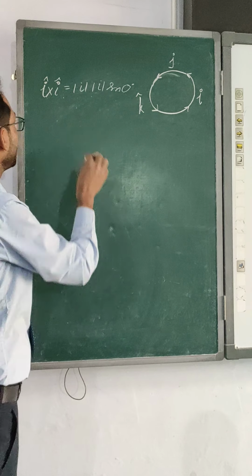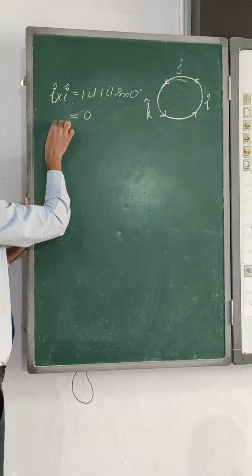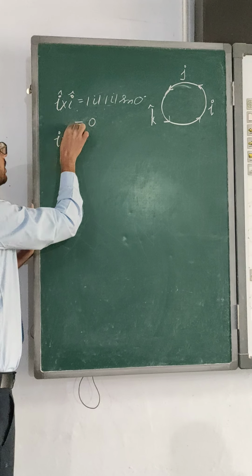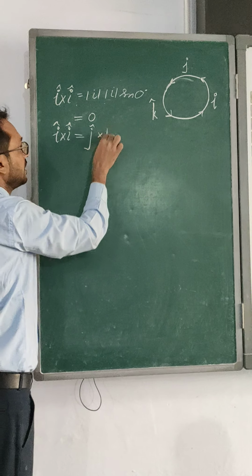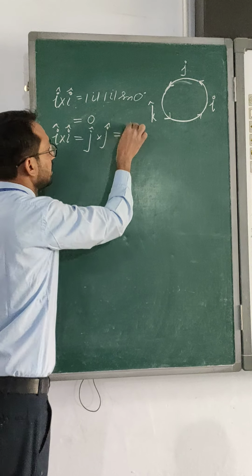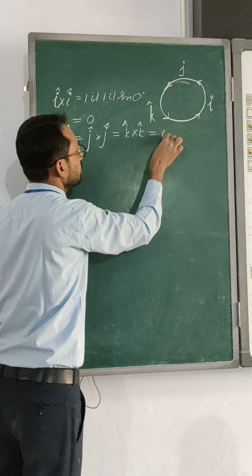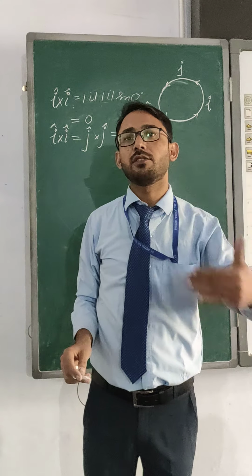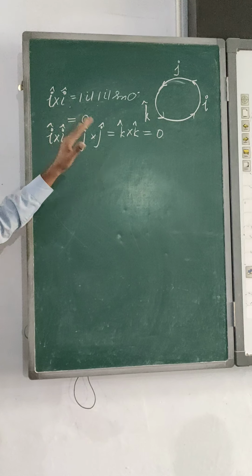Therefore, this whole will become 0. That gives me the idea that I cross I equals J cross J equals K cross K equals 0.